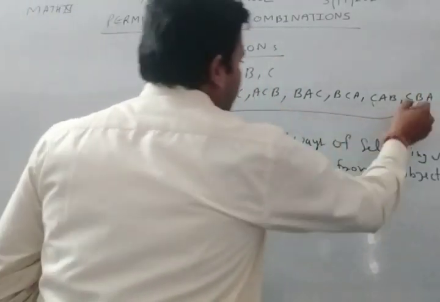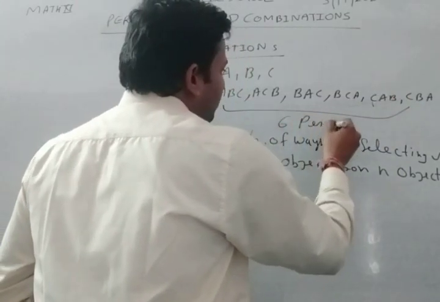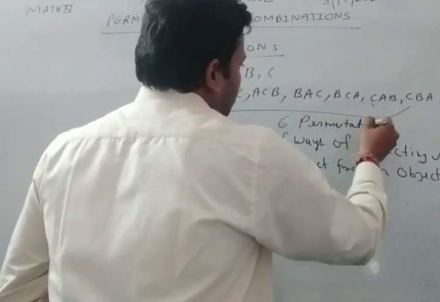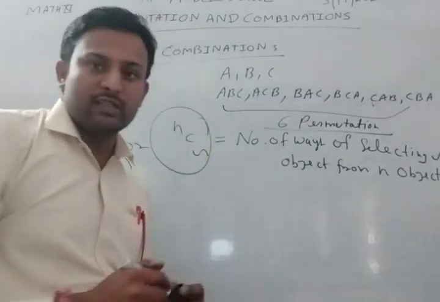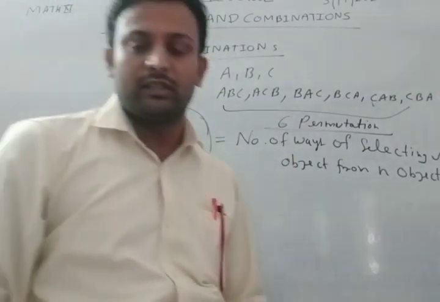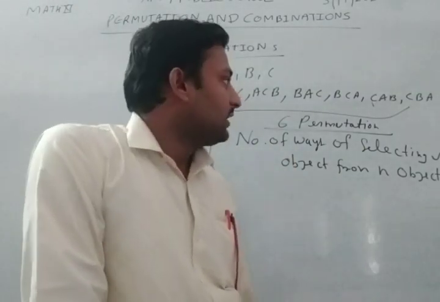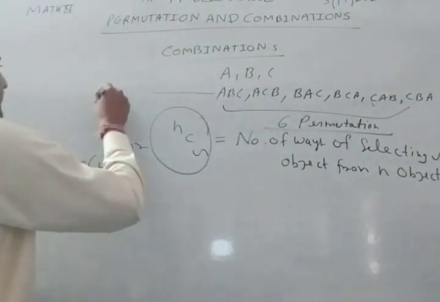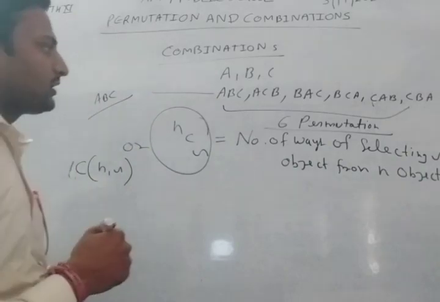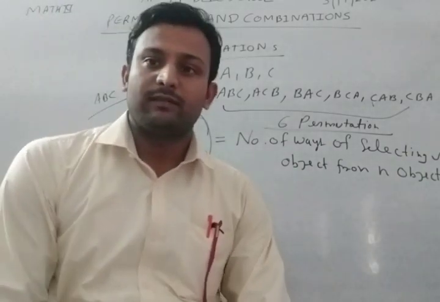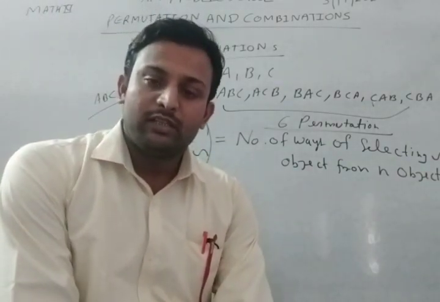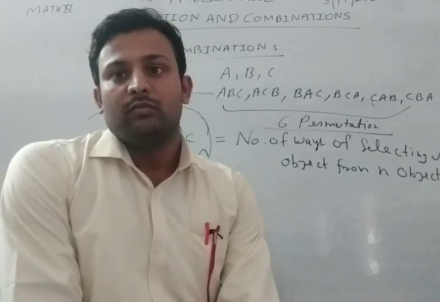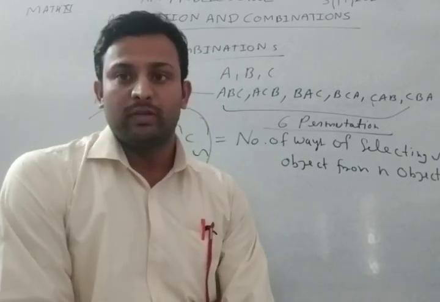So there are 6 permutations, but this is only one combination of A, B, C, because in combination order does not matter, but in permutation order matters.